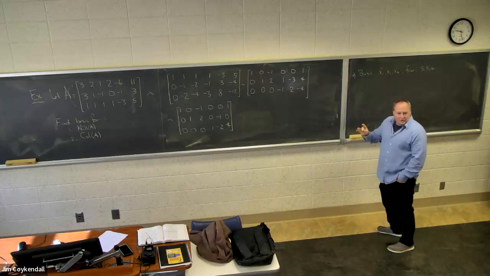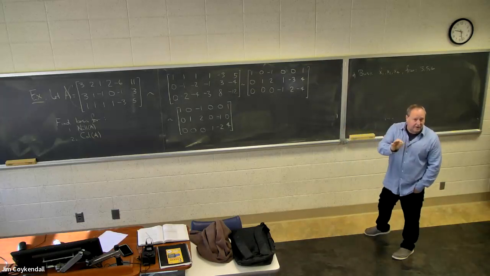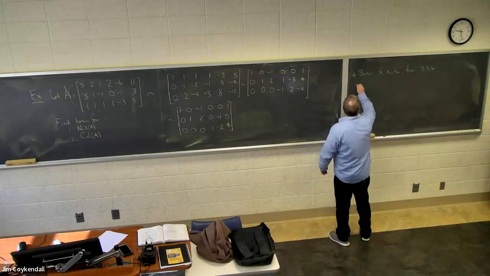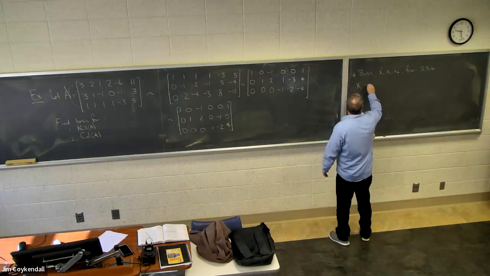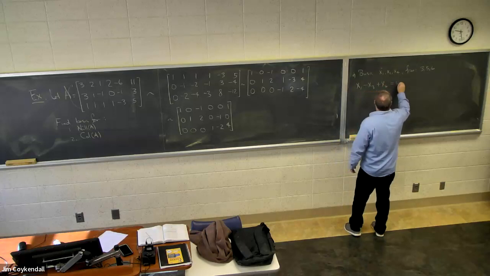So let's see what the equations say. And this is a good gut check on checking yourself. Do I have something that makes sense here? The first equation is x1 minus x3 plus x6 is 0.